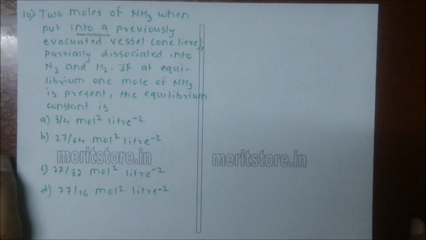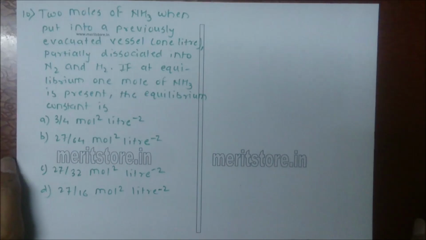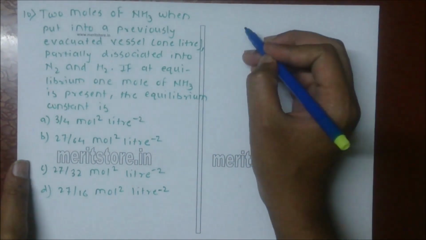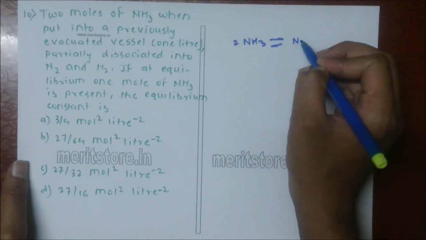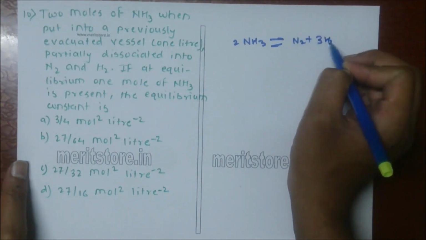2 moles of ammonia when put in a previously evacuated vessel of 1 liter partially dissociated into N2 and H2. If at equilibrium 1 mole of ammonia is present, the equilibrium constant is? So in the given reaction, 2 ammonia will form N2 plus 3H2.